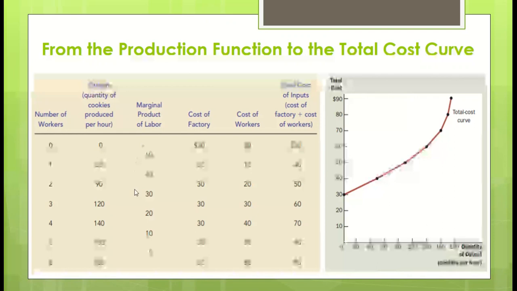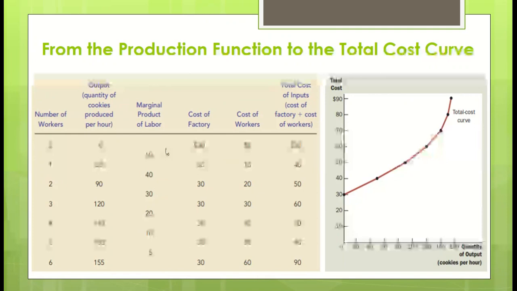So this column shows the marginal product of labor. If the number of workers is 0, then output is also 0, and the marginal product of labor is 0 here in the first case.